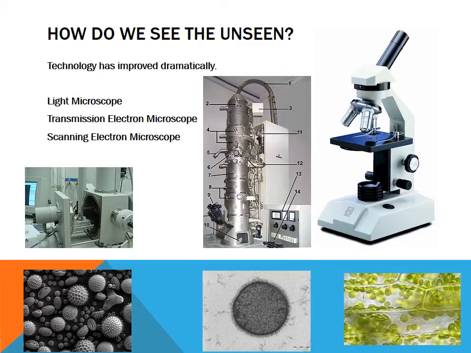The other two classes of microscope are going to be the transmission electron microscope and the scanning electron microscope. These are much more expensive machines, ranging in the close to millions of dollars each. I think the closest one to us is there's one in Virginia Tech, and there's one out at Duke. The transmission electron microscope is going to send electrons bombarding through a sample, and it'll collect the electrons that made it through and plot them out on a film on the back.